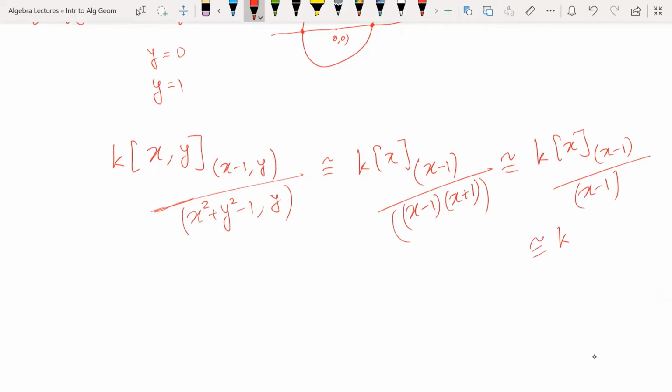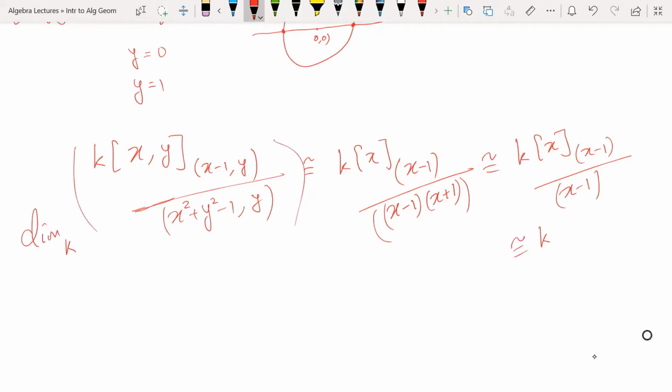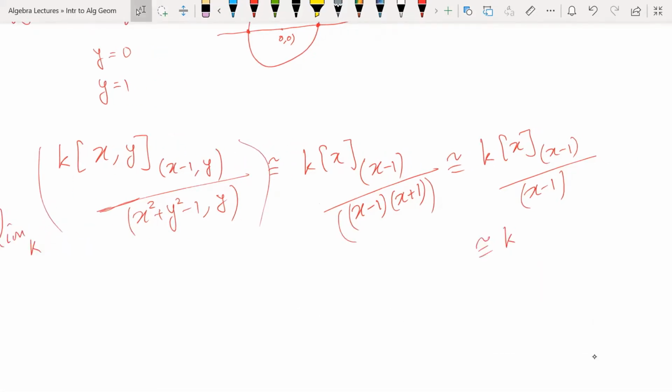So we see that the dimension of this ring over k is the same as the dimension of k over k, which is 1.